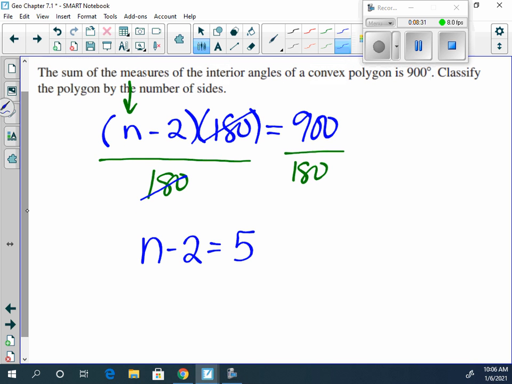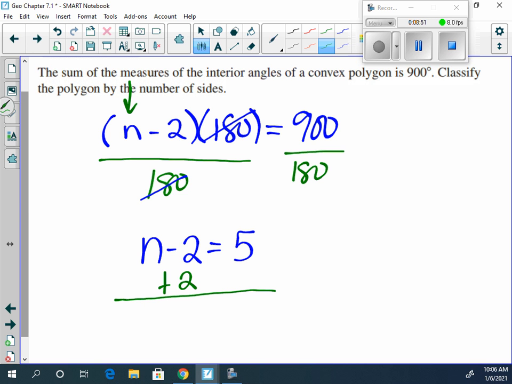Okay. What's our next step? What's our last step? Just figure out the number of sides. Do we have n by itself? No, we have n minus 2 is equal to 5.